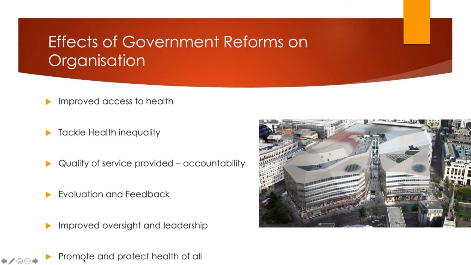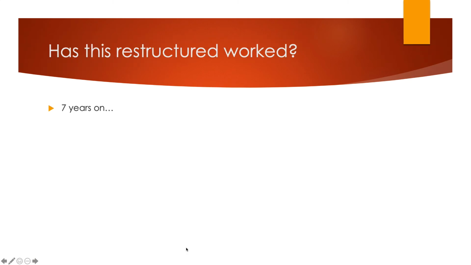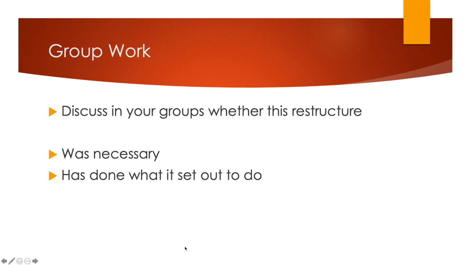And obviously to keep with the founding principles of the NHS, which would be to promote and protect the health of everybody. So 7 years on, do you think that this restructure was actually necessary?